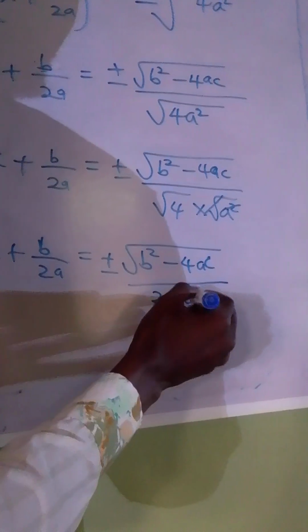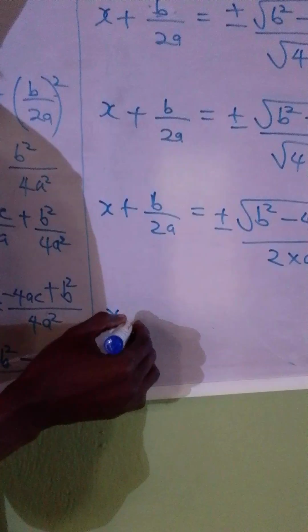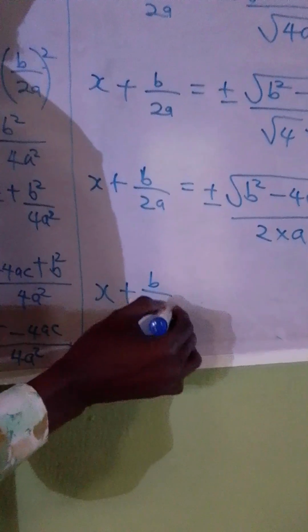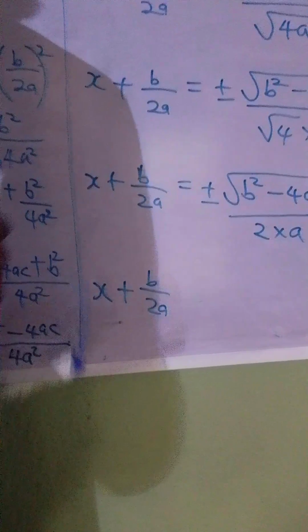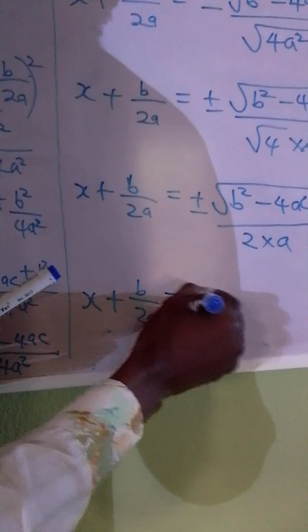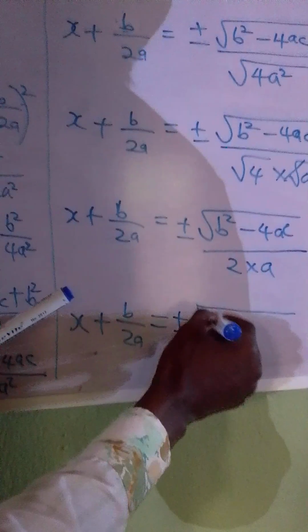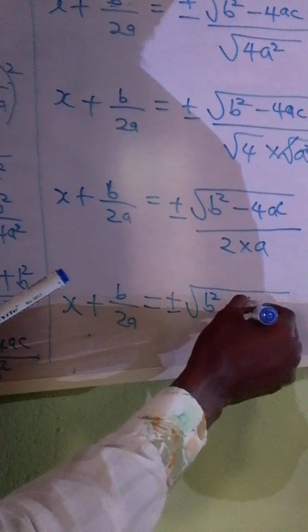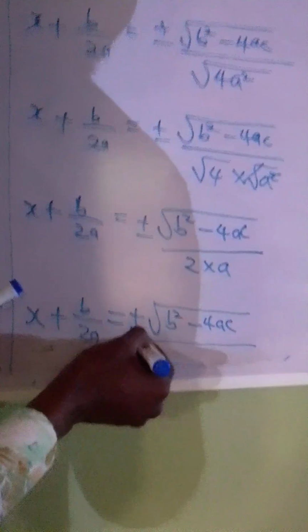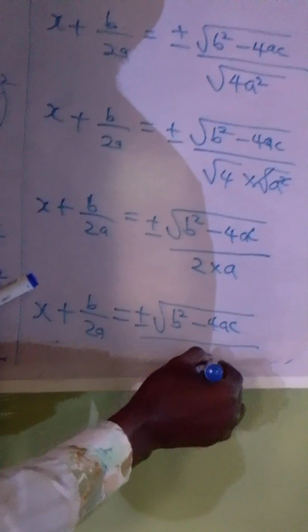What is left? a. So we have x plus b over 2a equal to plus or minus square root of b squared minus 4ac over 2 times a, which is 2a.